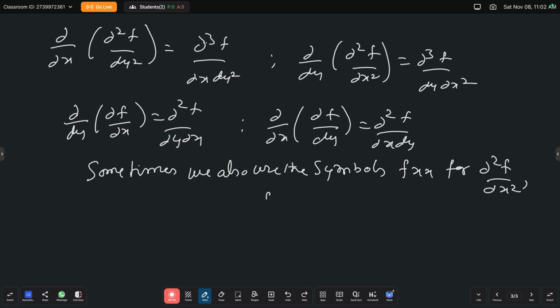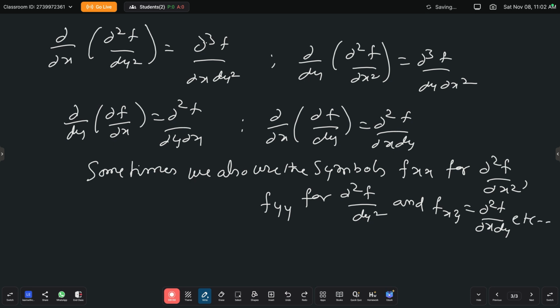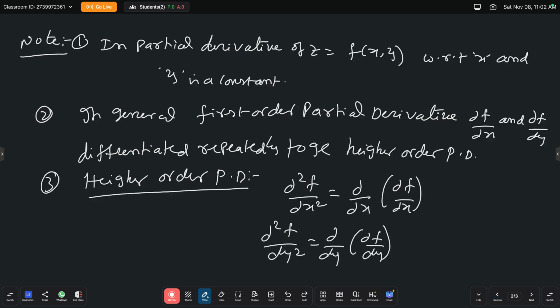In the same way, f y y for dou square f by dou y square. And also f x y is the notation for dou square f by dou x dou y, and so on. So this is the second order partial derivative. Okay, this is the higher order partial derivative.